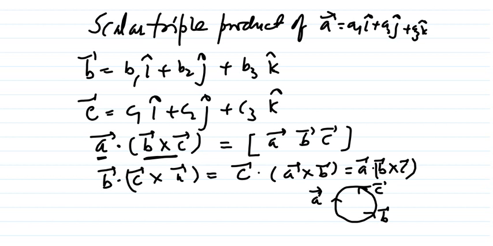Okay, means A dot B cross C, and then we start with B dot C cross A and then C dot A cross B. So these are equal. So the one question you can raise, why these three are equal? So we will discuss in the next page.